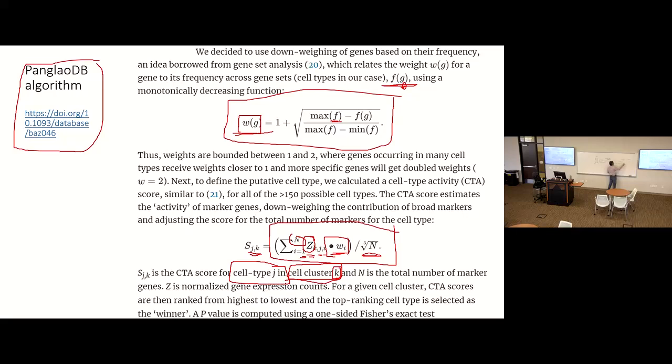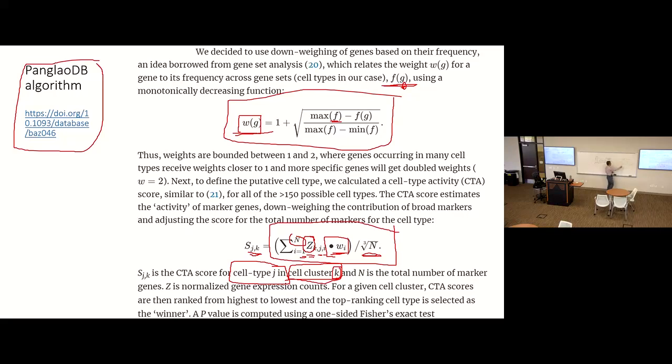And for cell type 2, the marker genes are expressed less in the cluster, so this value will be low. So it will be different, maybe some low, some high. At the end, you find the highest Z value among all the cell types and give this cluster this cell type.